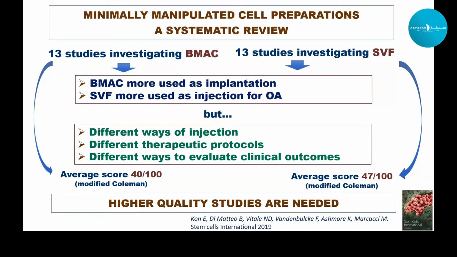For injections in osteoarthritis, stromal vascular fraction is used much more, but we have very heterogeneous papers with different ways of injection, different therapeutic protocols with 1, 2, 3 injections, and very different ways of evaluating clinical outcomes. So we really need stronger evidence.